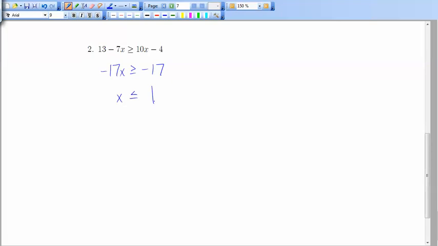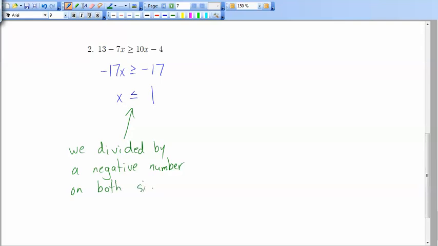So notice again the change. And the reason we did this is that we divided by a negative number on both sides. And this would also be the case if we multiplied both sides by a negative number.